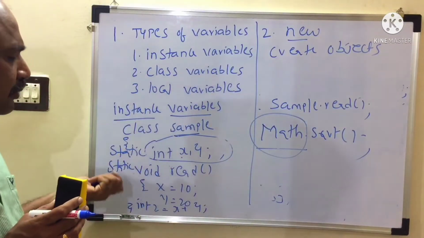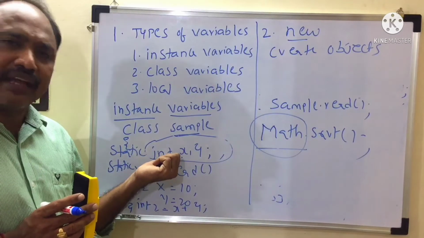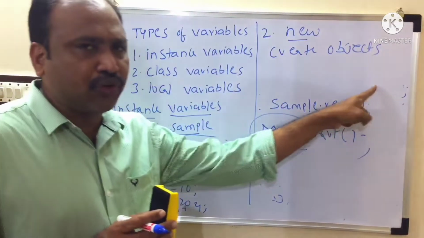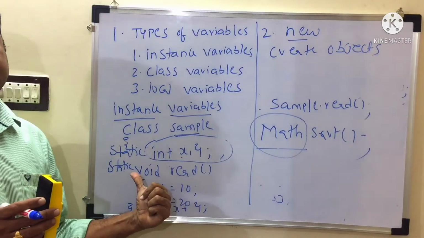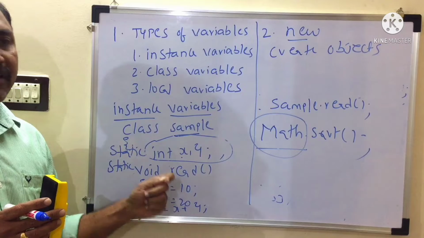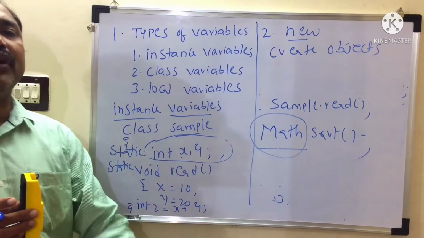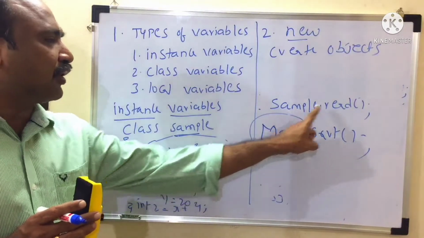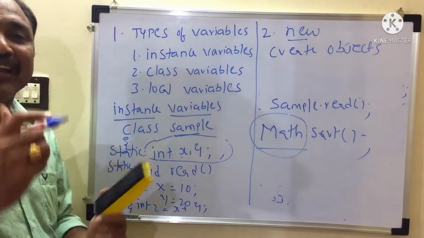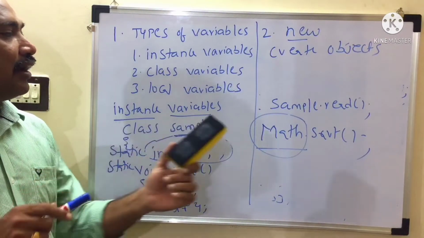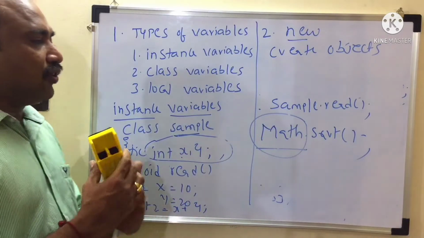Sir, can I use a non-static method to access? Yes, I can use it. But again, same story: create an object using the new keyword, then access it. If I am going to use a static method, no need of creating an object; simply write sample.read. While writing programs, they write Integer.parseInt, Float.parseFloat.